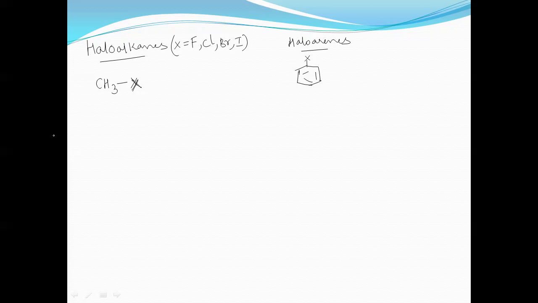Now look at the classification based on the number of halogens.